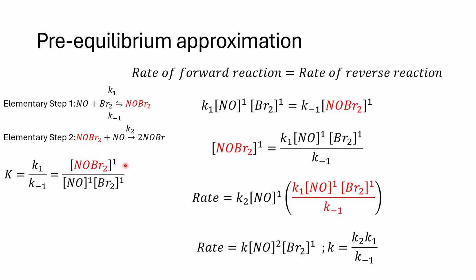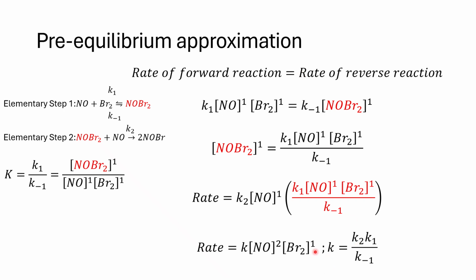It is equal to this expression here. Then we can do some rearrangement to find out what [NOBr2] is and substitute it into the rate equation, which is deduced from the elementary step, the rate determining step. Okay, then we substitute the intermediate concentration into the rate equation, and eventually we will get this equation.